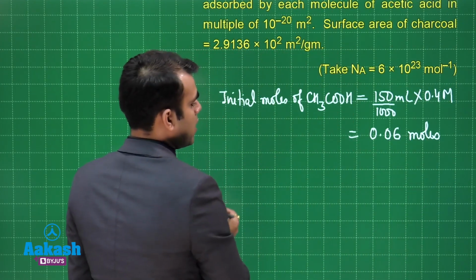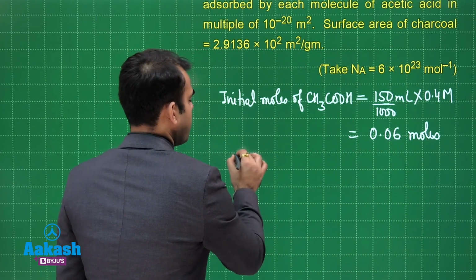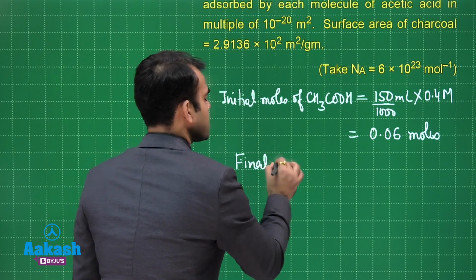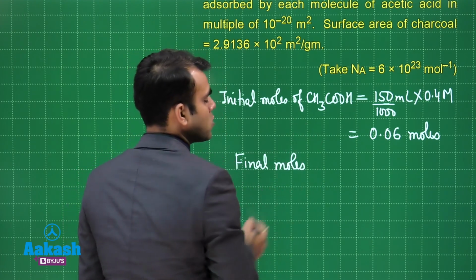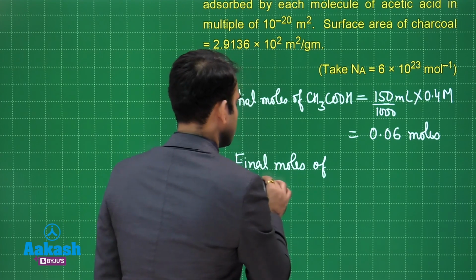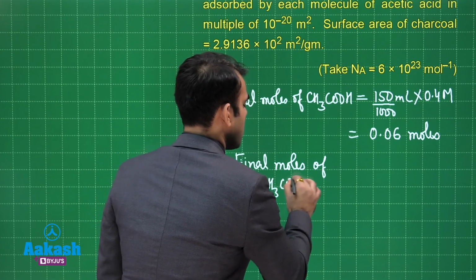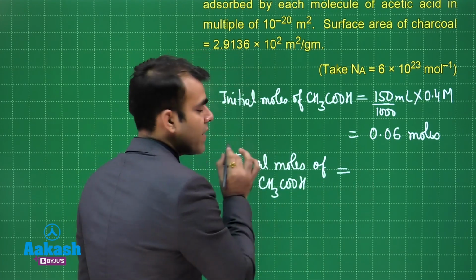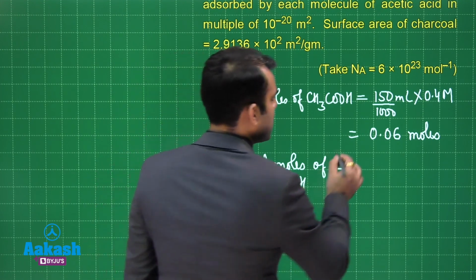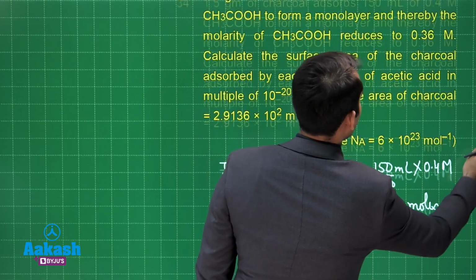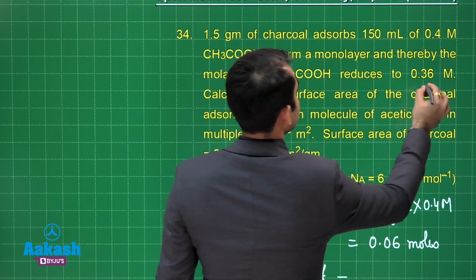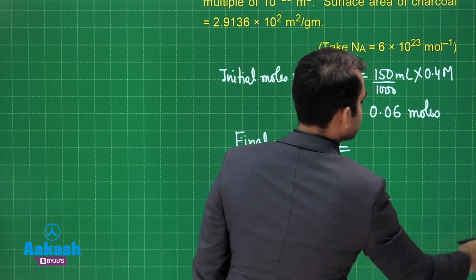Now we are going to calculate the final moles after adsorption, that is, what is the amount of acetic acid in solution now. So here I am calculating final moles of acetic acid in solution, and now the volume is same but the concentration has been reduced to 0.36.